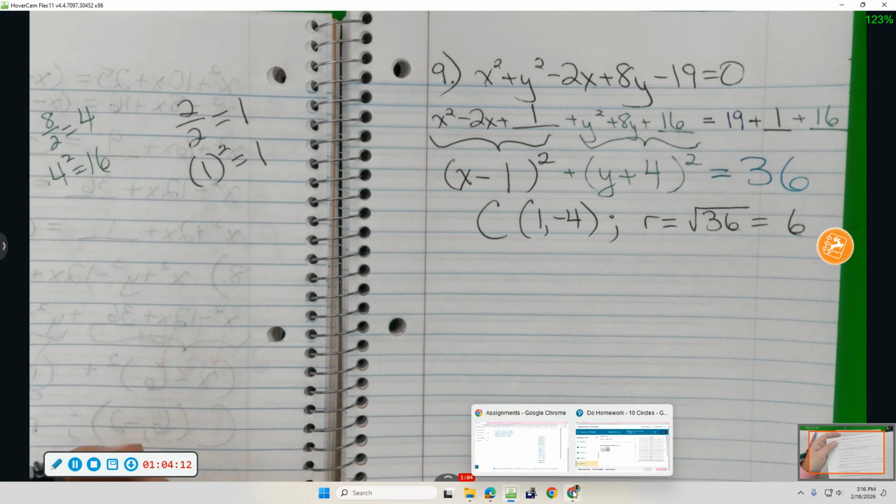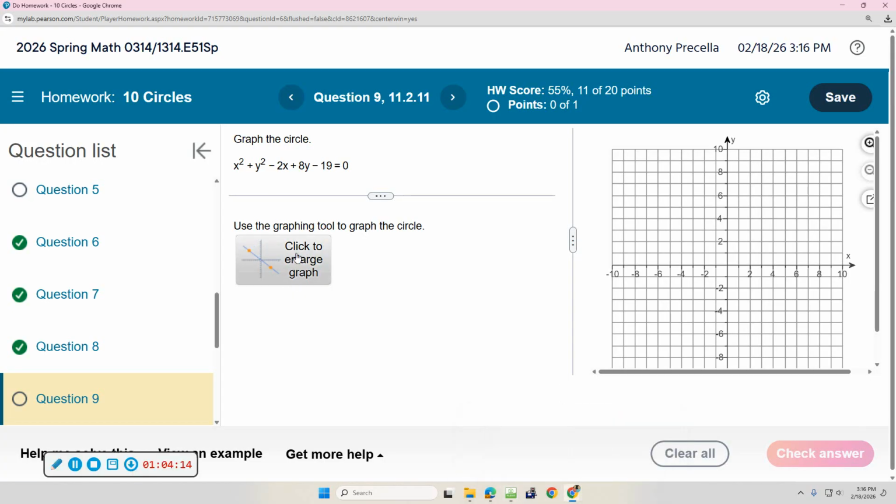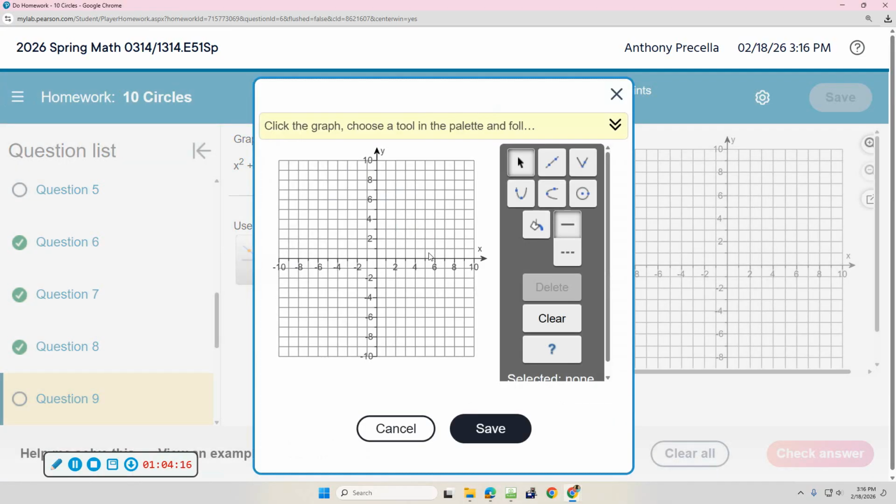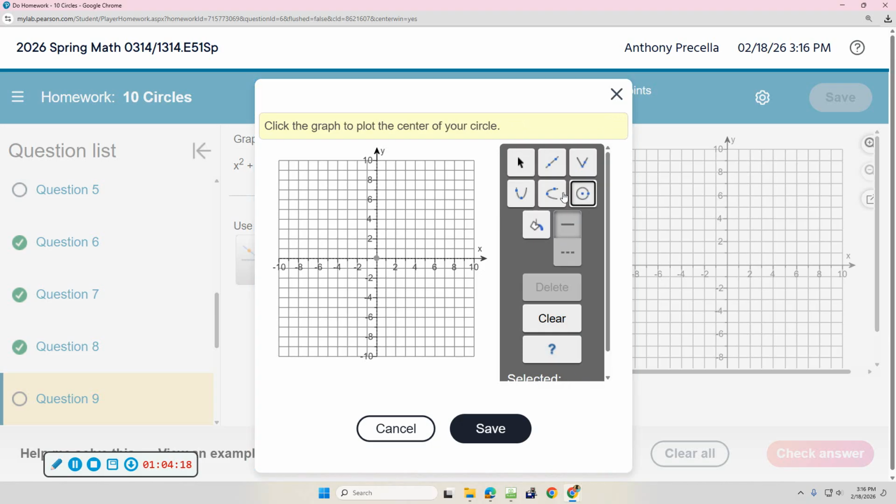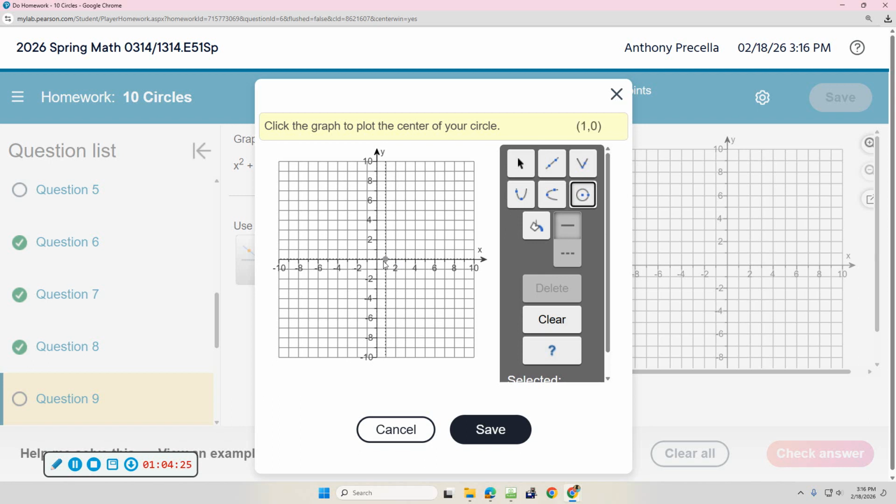On this one, we're still graphing. Eventually, it's going to get to where it's asking for the center and radius, and you're typing that in. So I write 1, down 4, am I at 1, negative 4? Yes. Now I need to move. I think I'm going to move 6 units up.